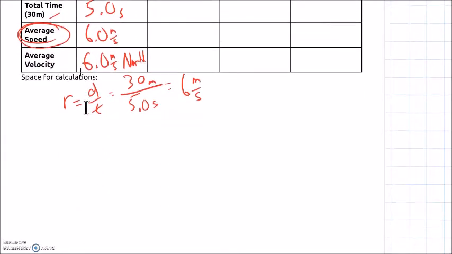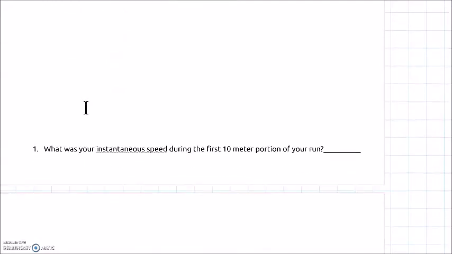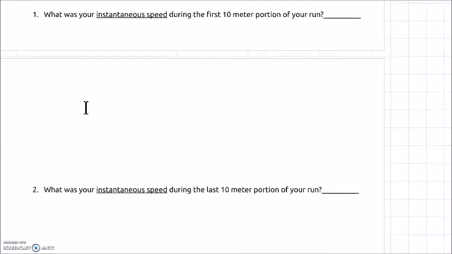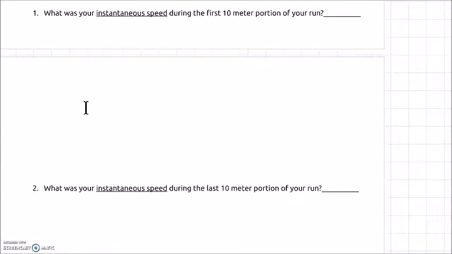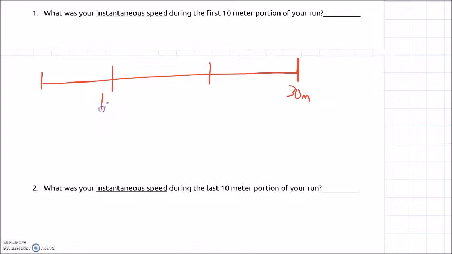But once we get into these questions down here, it gets a little more difficult. Our first question asks, what was your instantaneous speed during the first 10-meter portion of your run? In this case, we're talking about that 30-meter dash. So we ran 30 meters, and we timed how long it took us to run 10 meters, 20 meters.